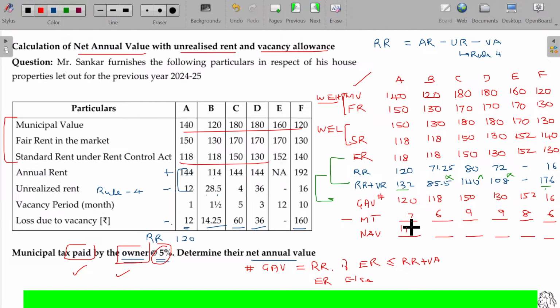This ultimate value will be the NAV for the taxability. If it is clear, text me.